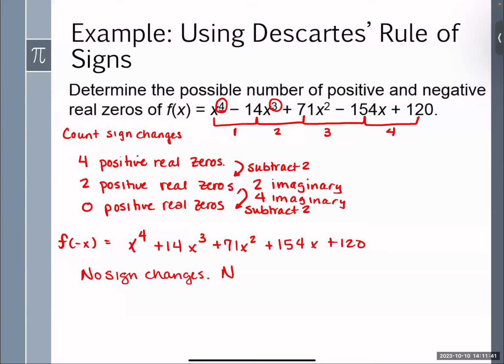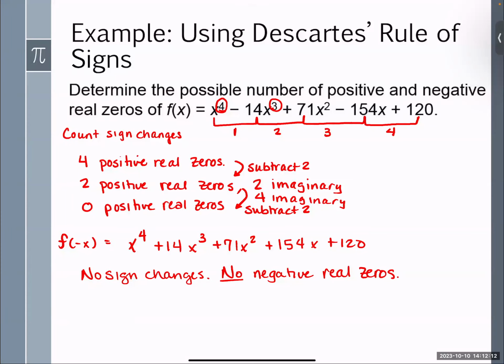So there are no negative real zeros. So this is the case where either we have 4 positive real zeros, or we have 2 positive real zeros and the other 2 are imaginary, complex, or we have no real zeros and all 4 of them are complex or imaginary.